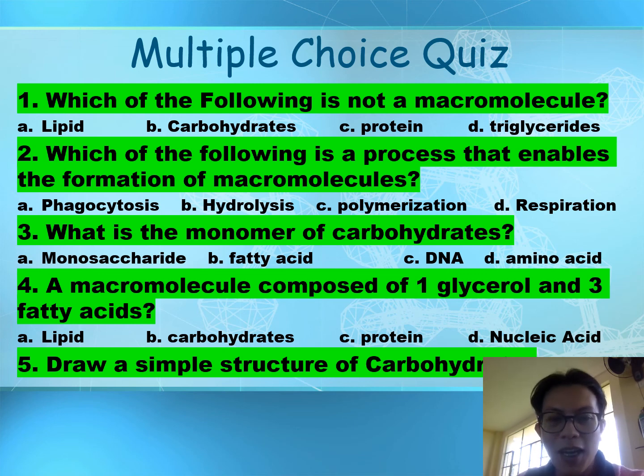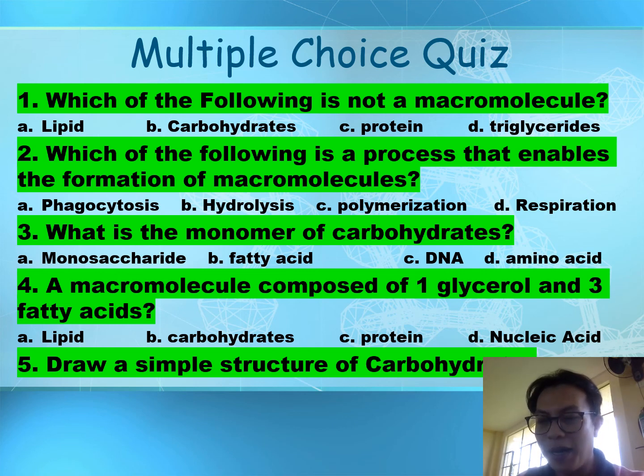Number 4, a macromolecule composed of one glycerol and 3 fatty acids. A, lipid, B, carbohydrates, C, protein, or letter D, nucleic acid. And for the last item, you're going to draw a simple structure of carbohydrates.